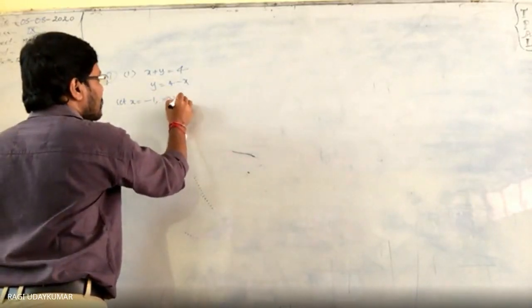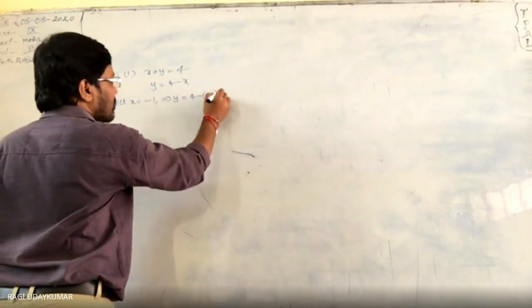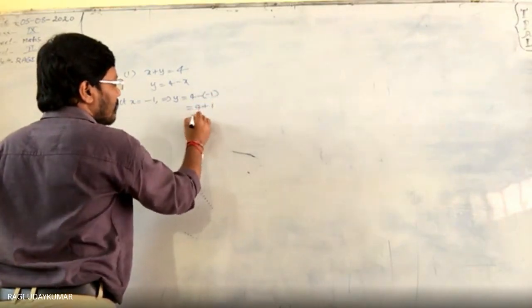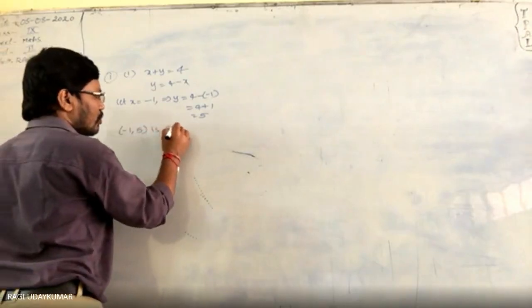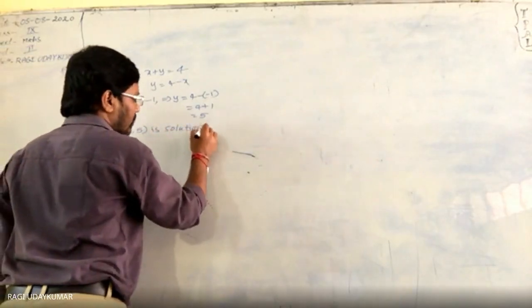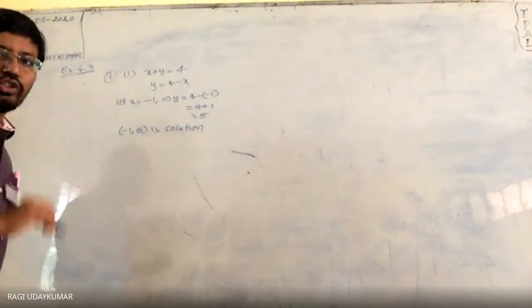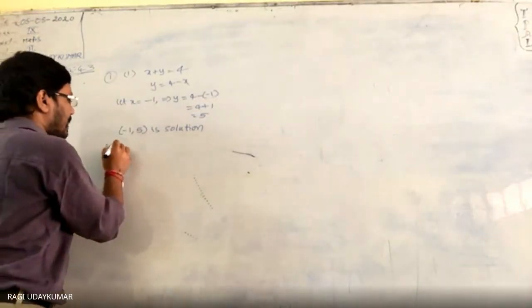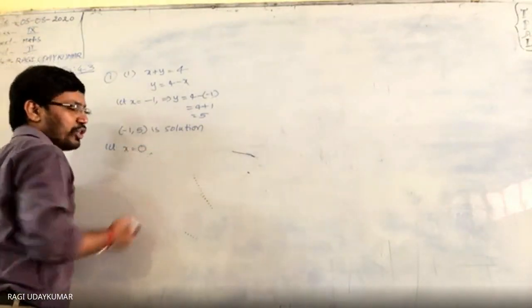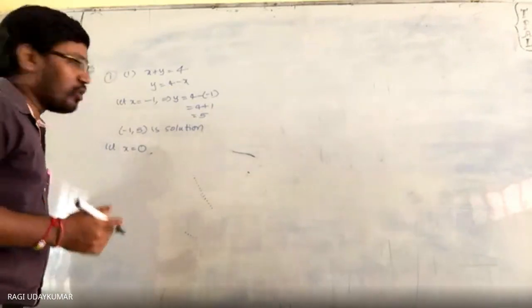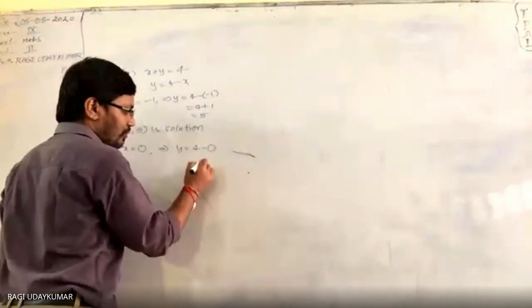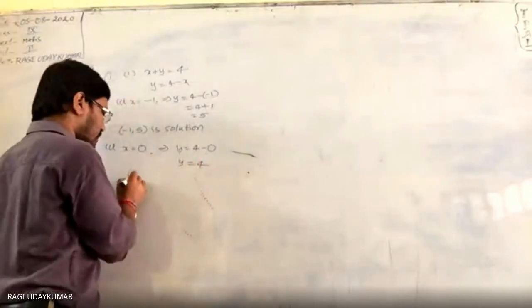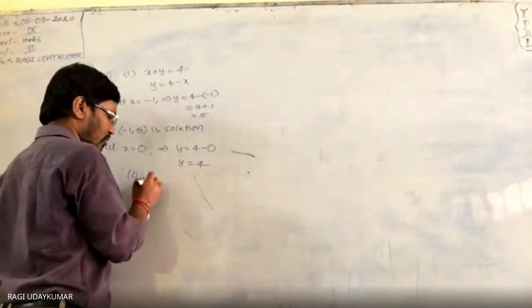This implies y is equal to 4 minus of minus 1, so 4 plus 1, 5. Therefore minus 1 comma 5 is a solution. Let me take x is equal to 0. So y is equal to 4 minus 0, which is 4. So x is 0, y is 4 is a solution.